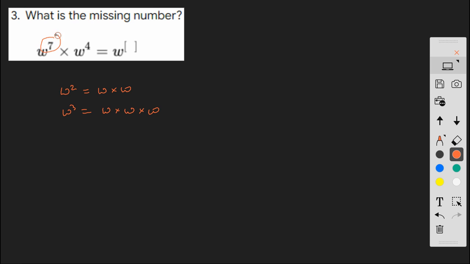So in total, we've multiplied by w 11 times, 7 plus 4 times. So the answer to our question is 11. So w to the power 4 times w to the power 7 equals w to the power 11.